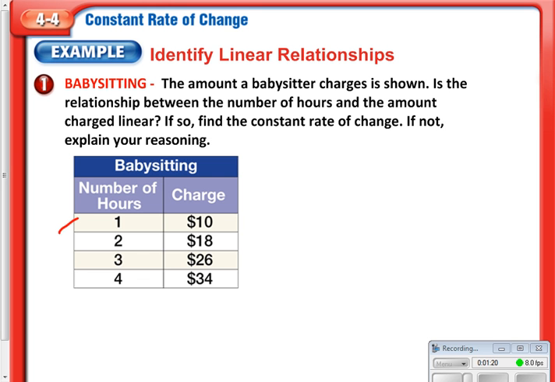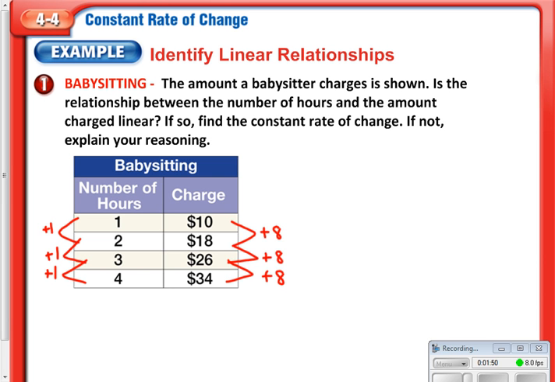So we go from 1 to 2. That's a 1 hour increase. 2 to 3 is a 1 hour increase. 3 to 4 is a 1 hour increase. Everything is constant on that side. Now they have to be constant with one another, our charge. So we go from $10 to $18, plus 8. 18 to 26, plus 8. 26 to 34, plus 8.